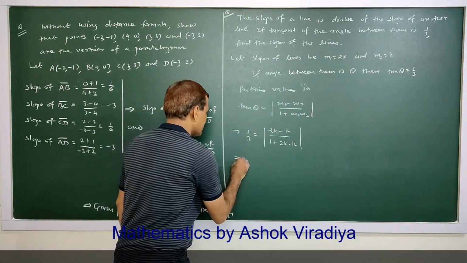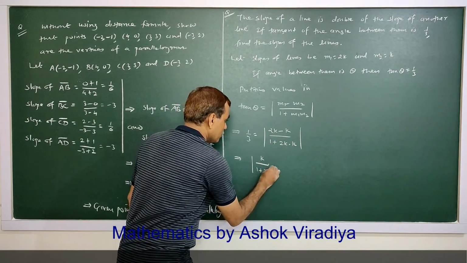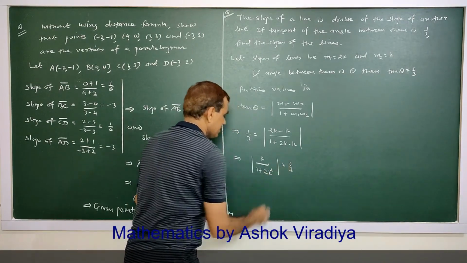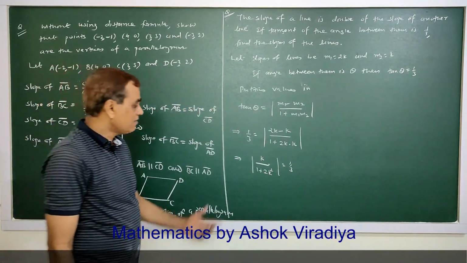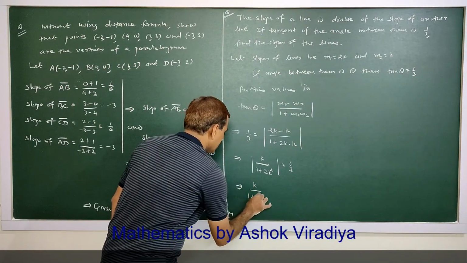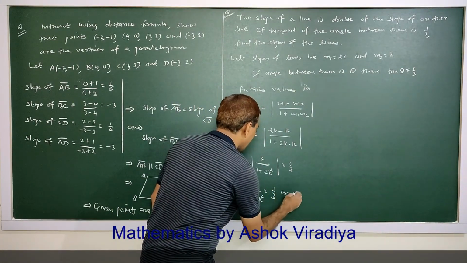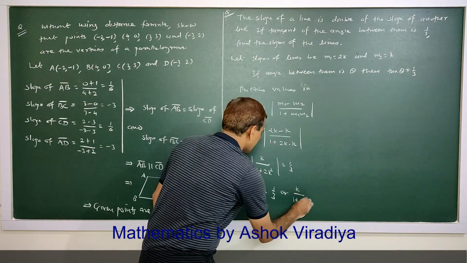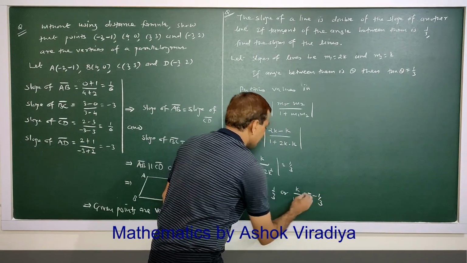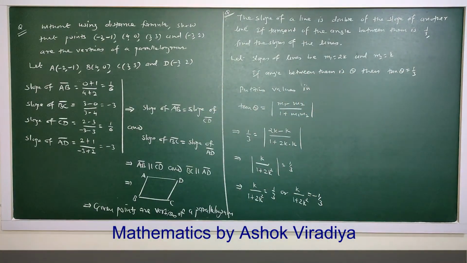That means modulus of (2k minus k), which is k, upon 1 plus 2k square is 1/3. Now removing this modulus, k upon (1 plus 2k square) is plus 1/3 or k upon (1 plus 2k square) is minus 1/3. So we have two cases. Now we calculate according to these two cases.